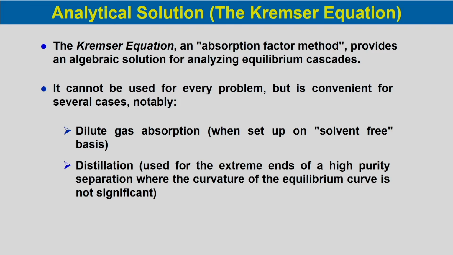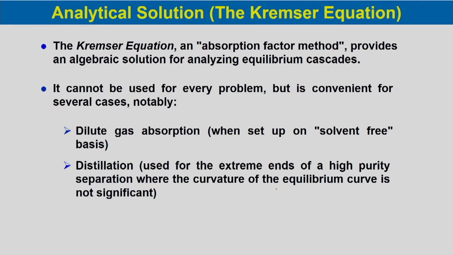In case of the distillation, we could see that although we would like to go from 99.9% to 99.99% purity, the concentration change is not significant. So, the solute transfer will be very less, and in that case we can calculate how many stages are required analytically using the Kremser equation.